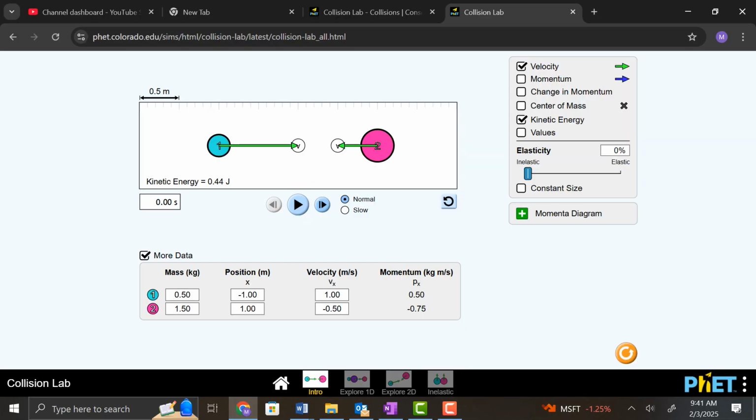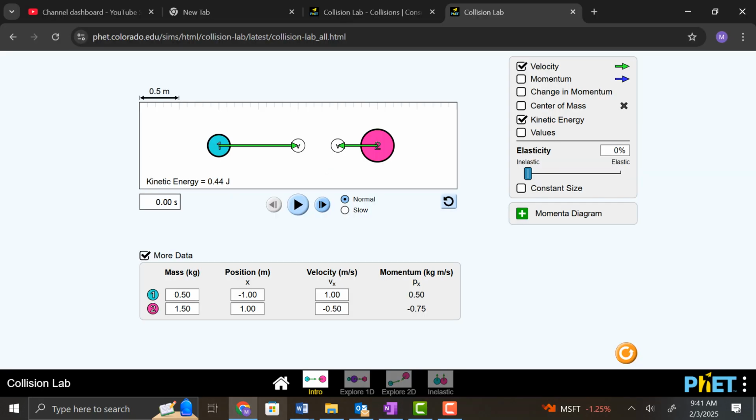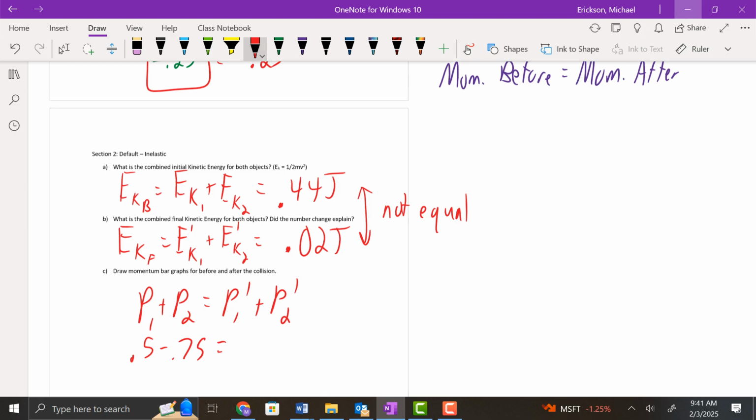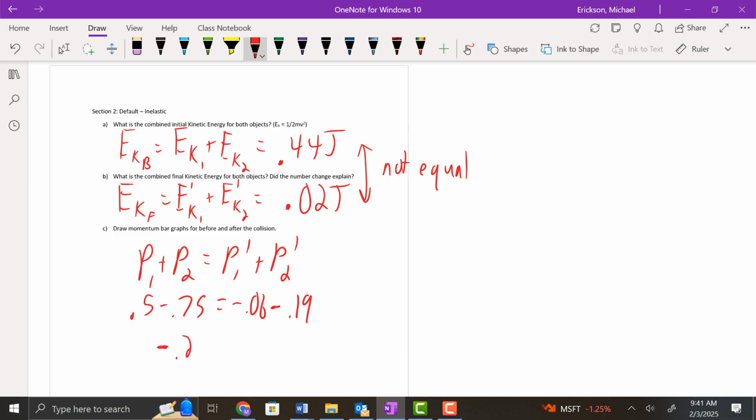Let's look at the momentum before. I start off the same way: P1 plus P2 equal to P1 prime plus P2 prime. I have 0.5 minus 0.75 is equal to, after they collide, negative 0.06 minus 0.19. And if I add them up, I get negative 0.25 is equal to negative 0.25.